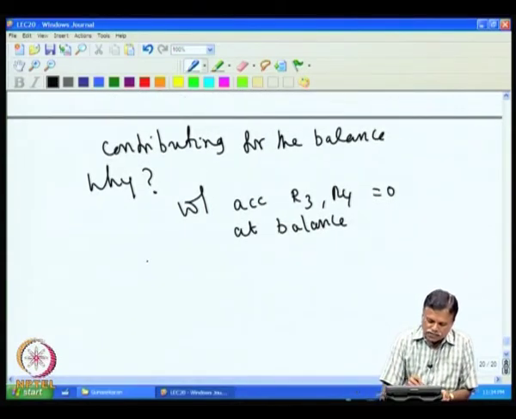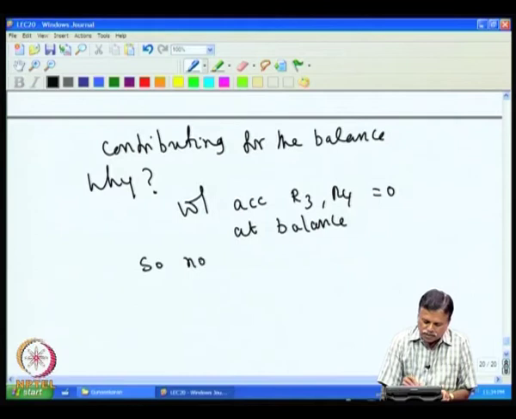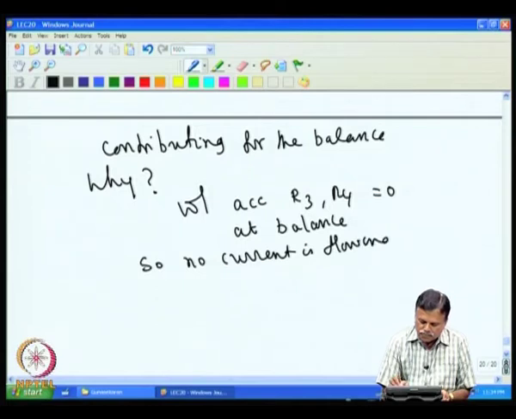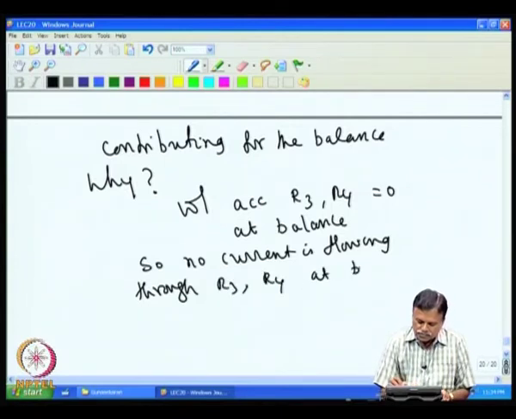So no current is flowing through R3 comma R4 at balance, and it is not affecting the bridge balance.